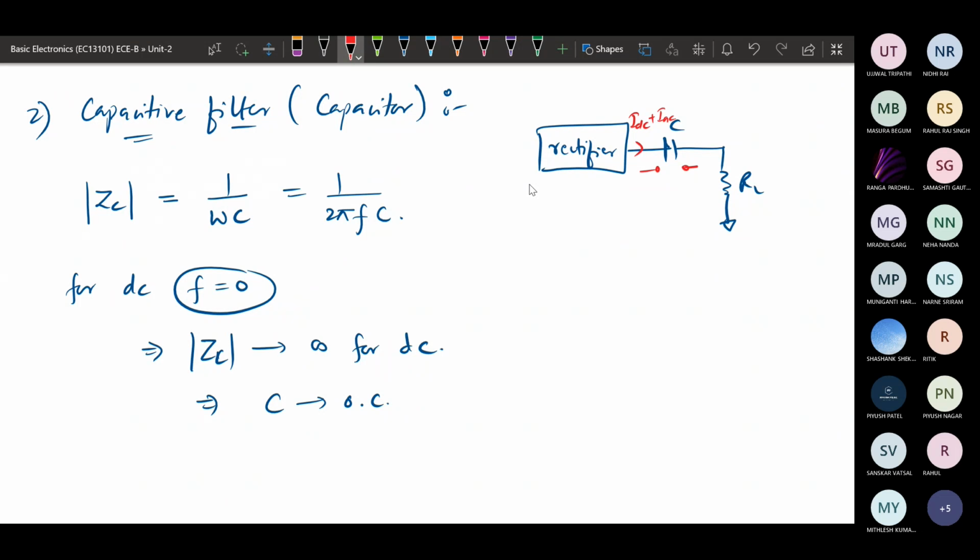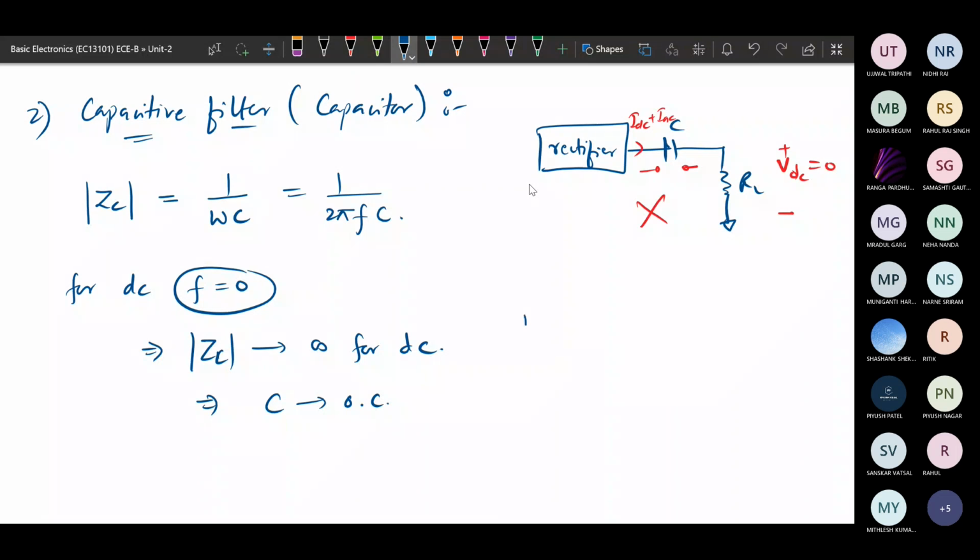So the output we get through the load resistance will be 0 DC value, because no DC is passing. So we need not connect this capacitor in series with this resistor, and we will not use this configuration.